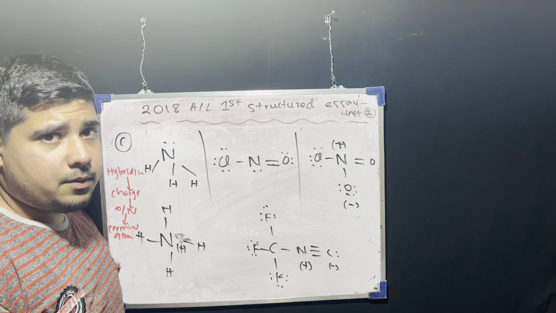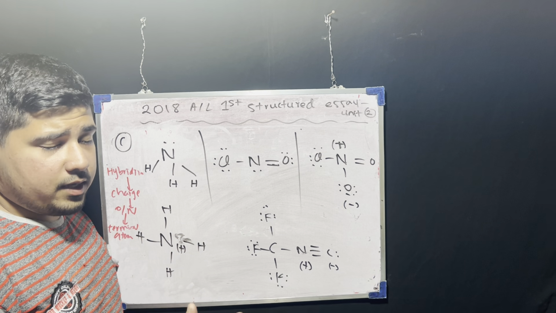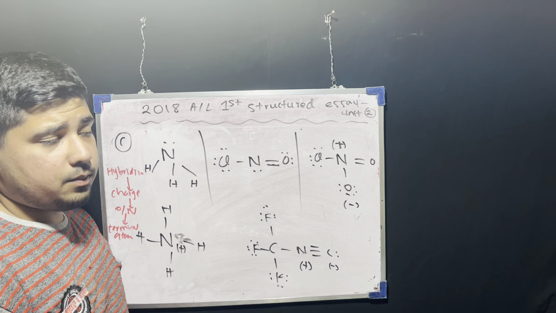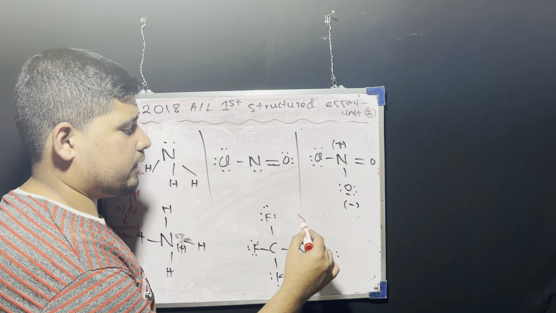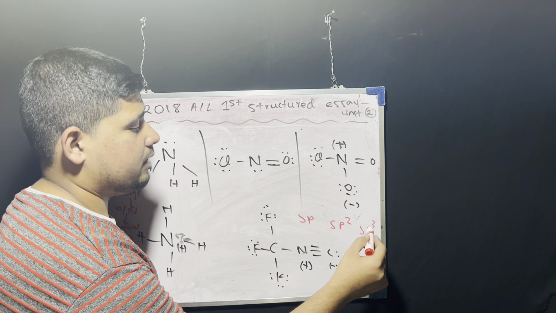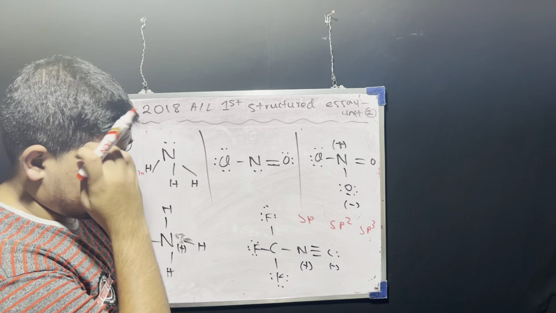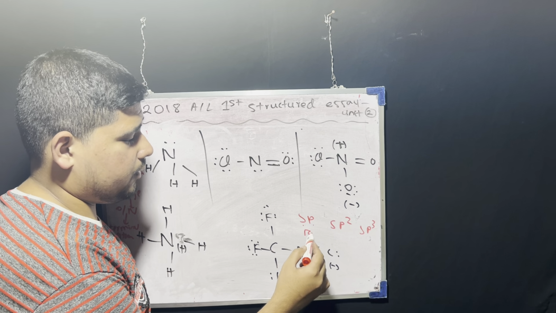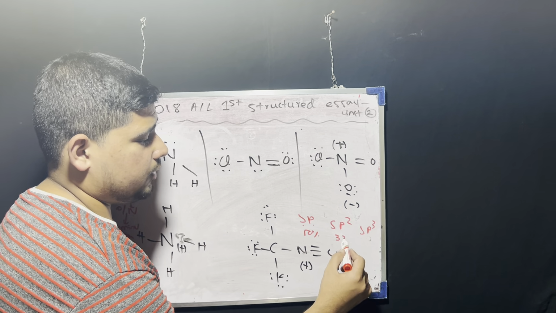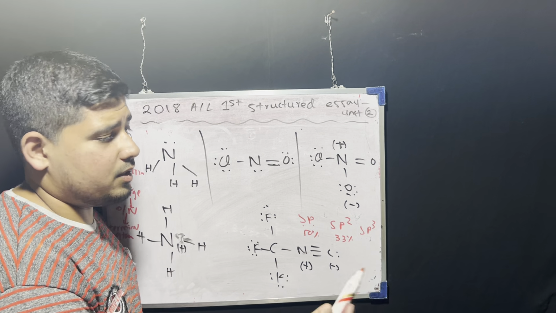How do you check hybridization? If the s character increases, then the electronegativity increases. For sp, sp2 and sp3, what is the s character? 1s and 1p gives 50% s character. For sp2, it is 33.33%.